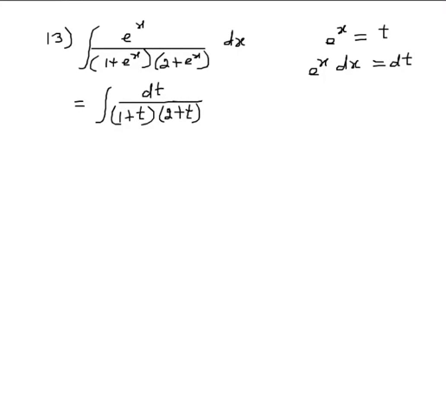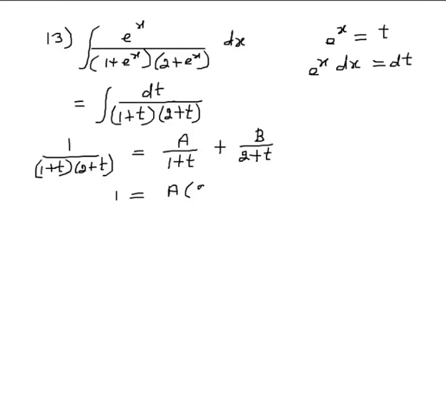We may use partial fraction method or open the brackets and use completion of squares method. Let us go for partial fraction method. 1 plus t into 2 plus t: A divided by 1 plus t plus b divided by 2 plus t. Take LCM and equate the numerators.